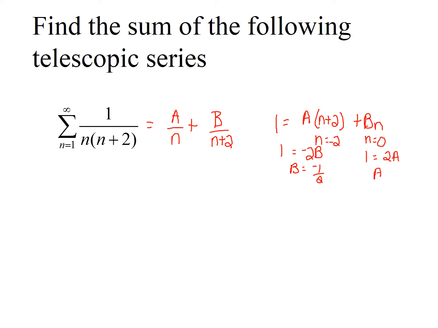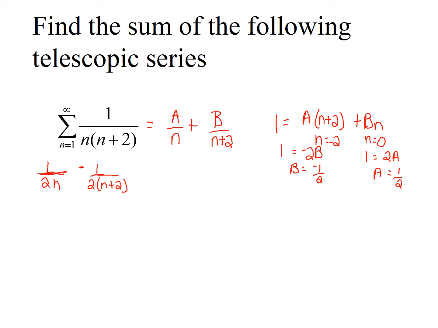So I get a is equal to positive 1/2. So I'm going to rewrite this as a is 1/2 over n, and b is negative 1/2 over n plus 2.